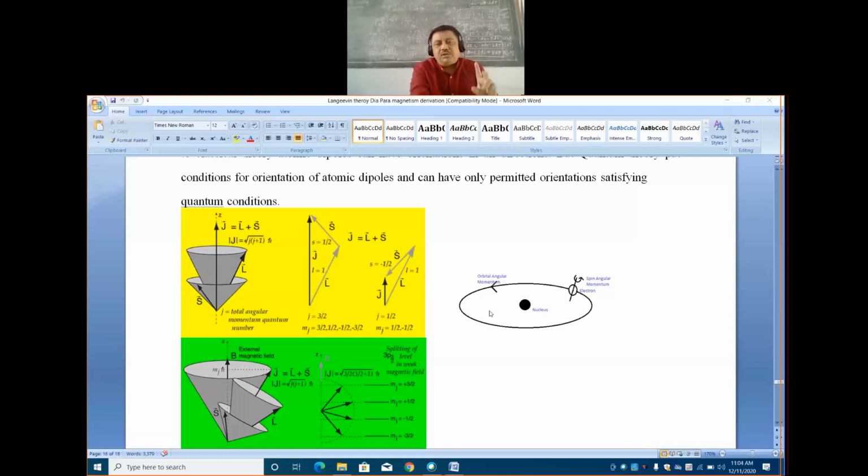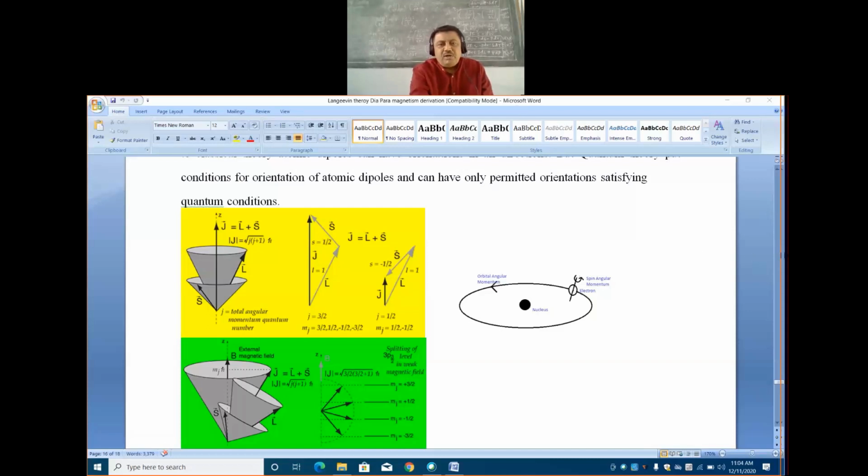Because of orbital motion, there is an orbital angular momentum which is L, and because of spin, it has spin angular momentum S. Therefore, you have two vectors L and S. L plus S is equal to J. J is also a vector, the resultant vector, which is called the total angular momentum vector.